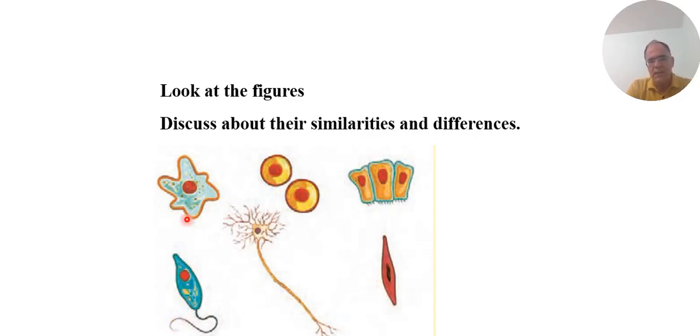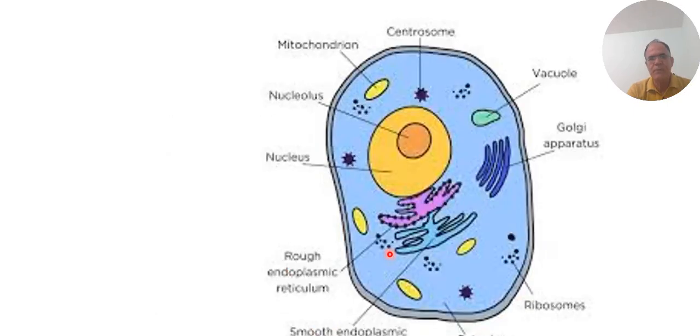Some cells have a spherical shape, for example this one, but the smooth muscle cells have a spindle shape. So, despite similarities between all cells, each cell has a unique structure and unique functions.